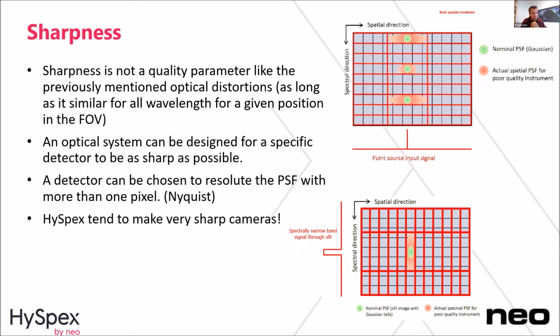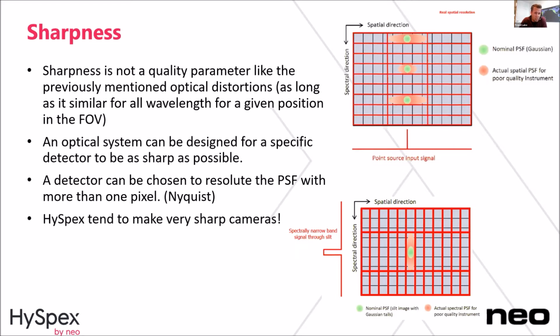But the sharpness measure is also very important because if you go to the datasheet again and you say, okay, this has 1240 pixels, and some suppliers have a PSF that is 4 pixels wide. So that means that if you look at the effective number of pixels, so the object you can resolve, you have 4 times lower spatial resolution than a camera with very sharp optics, where a PSF is only 1 pixel wide.